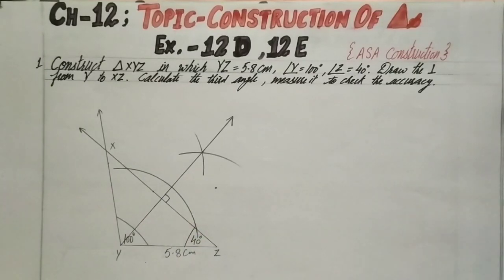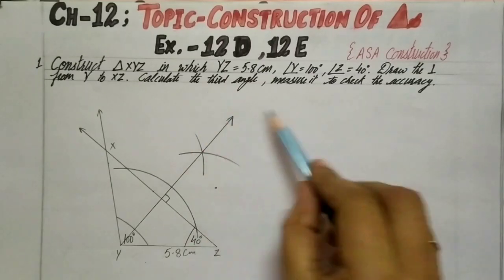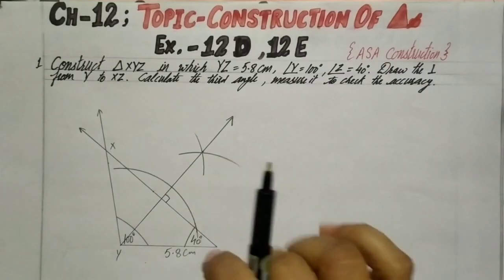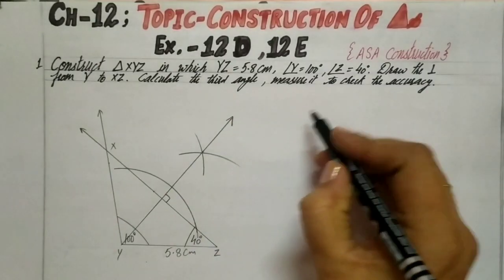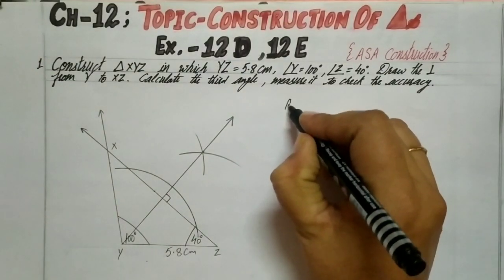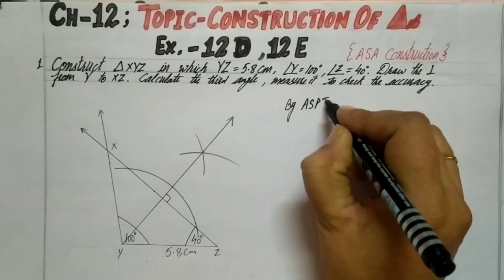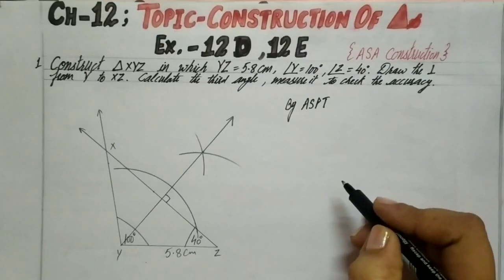Now coming to the third part of the question, calculate the third angle and measure it to check the accuracy. First of all we will calculate the angle by using the angle sum property of triangle.